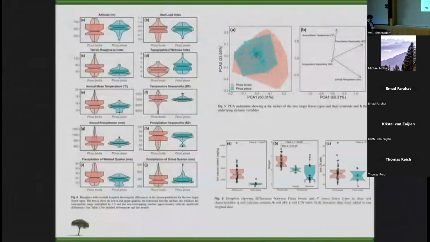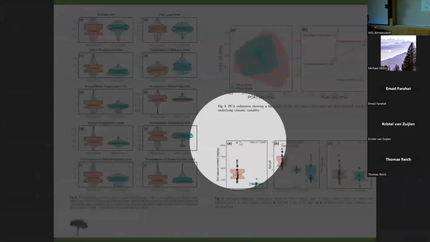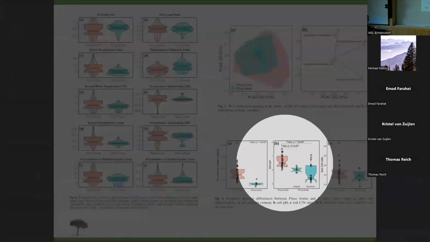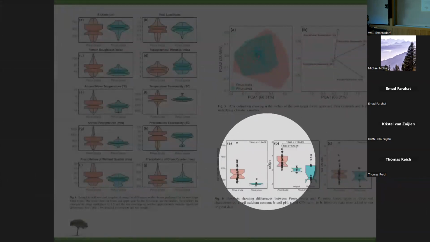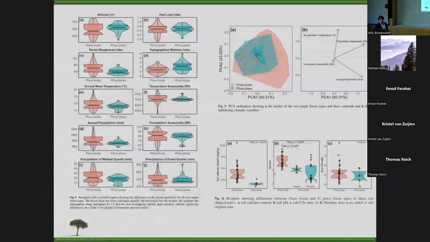And it turned out that what explains the differences between these two dominant pine forest species is the calcium content and soil pH. In fact, all the sites hosting Pinus pinea forest are acidic, okay? While the ecology of Pinus brutia is much broader.